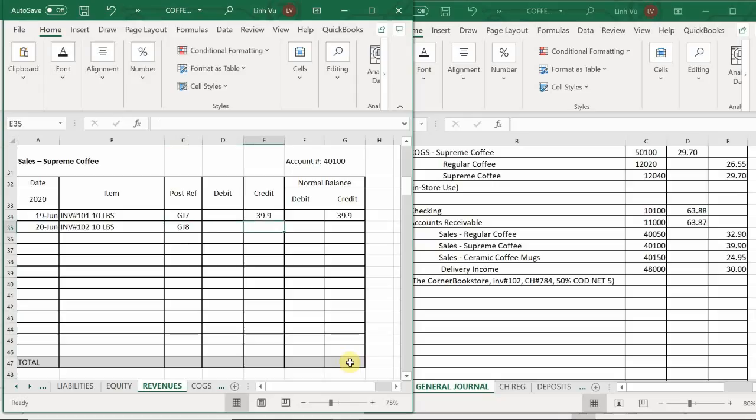10 pounds, and the total I got is 69.90.